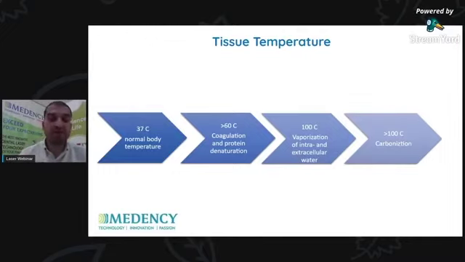To explain this coagulation and denaturation, we can say when you boil an egg or you put an egg on heat, you see the difference in the shape, the difference in the consistency, and the difference in the color when it turns from the normal color of the egg to the white one and the hard one. This is the coagulation and protein denaturation. And at this level, we can coagulate the blood vessels, which will prevent bleeding.